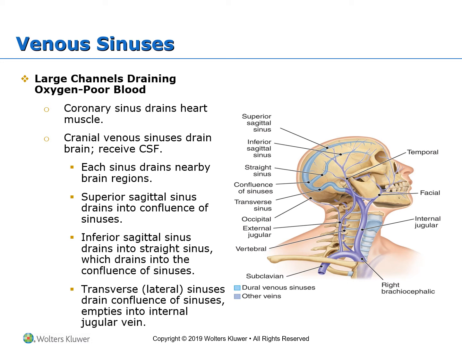That's why they're called lateral sinuses. And it will leave the brain eventually. Each of those venous sinuses will eventually empty into the internal jugular vein, and from there will be passed down the neck towards the superior vena cava.